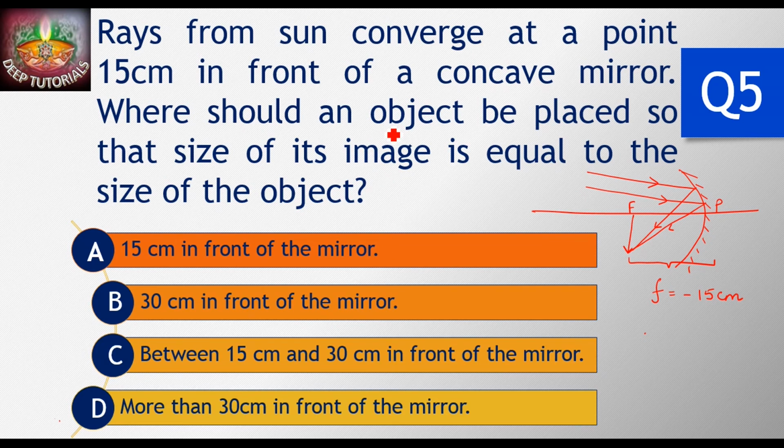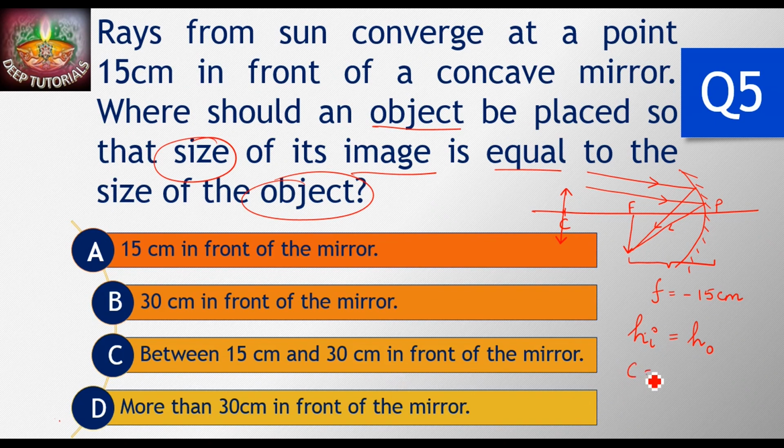We have to identify the position of the object such that the size of the image is equal to the size of the object. Now we know that when the object is placed at the center of curvature, the image is formed exactly at the center of curvature, and the size of the image is equal to the size of the object.